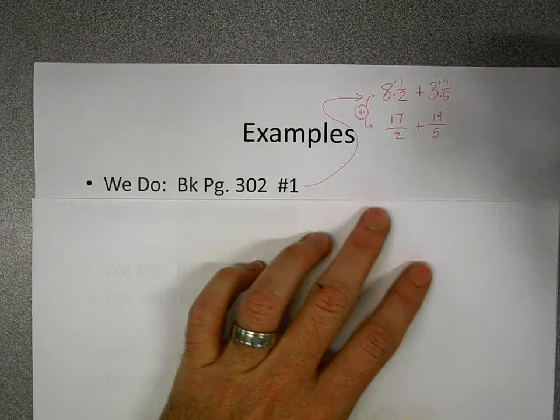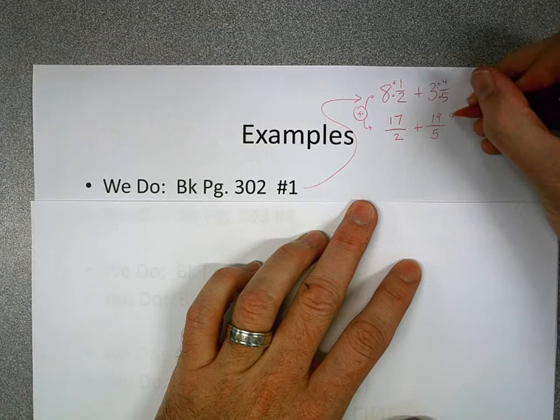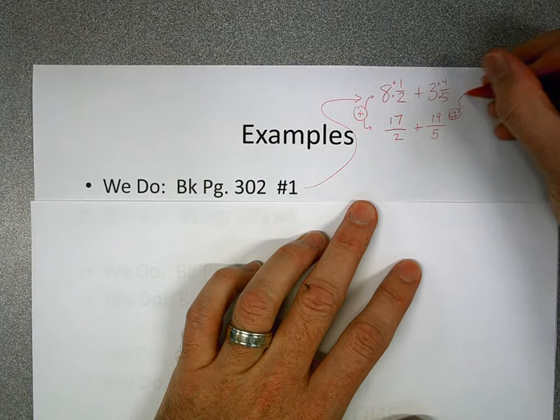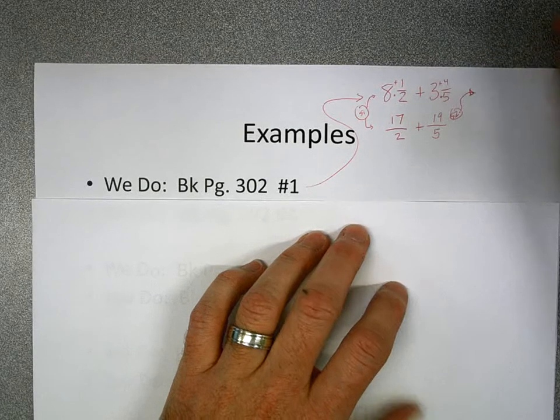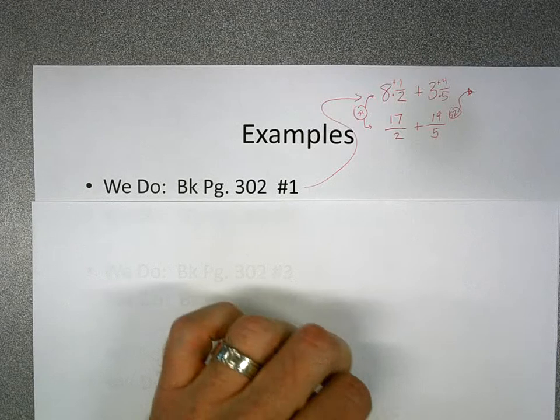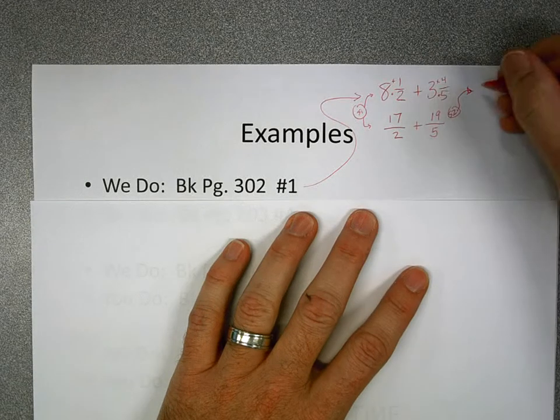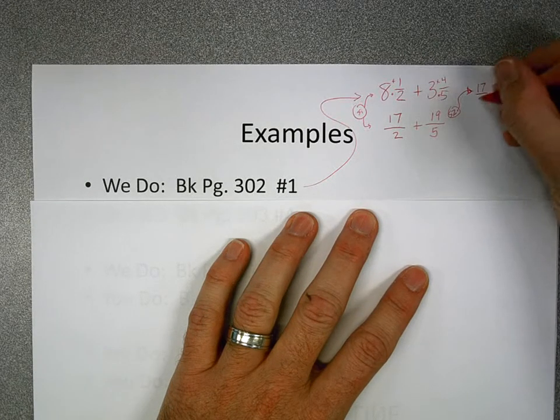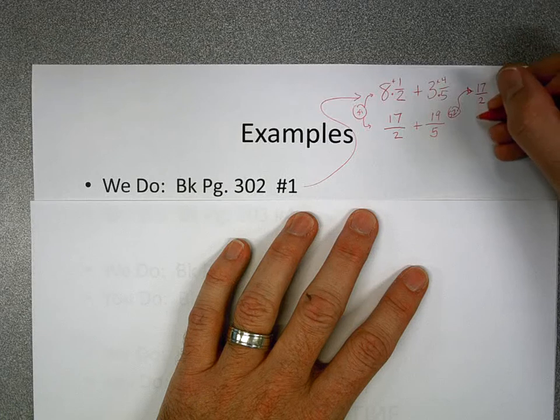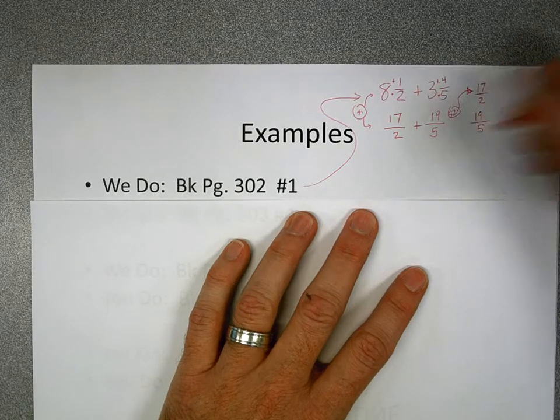Okay, now, step 2 is I'm going to try to organize my work where it makes it much easier for us, and that is by just putting one on top of the other. So 17/2 plus 19/5.